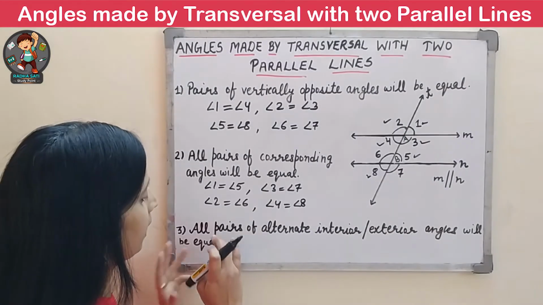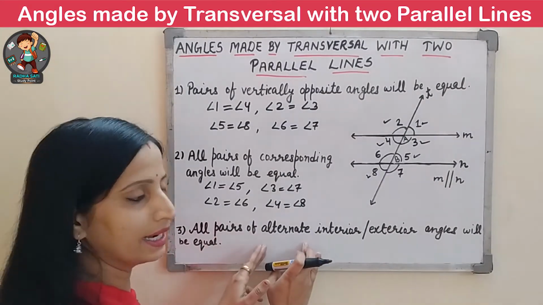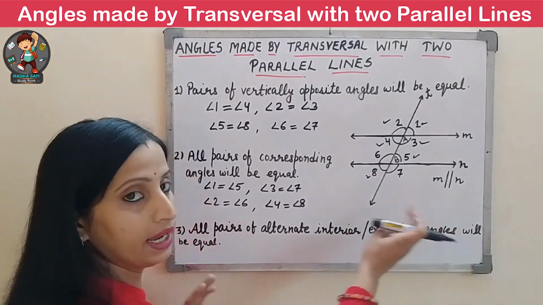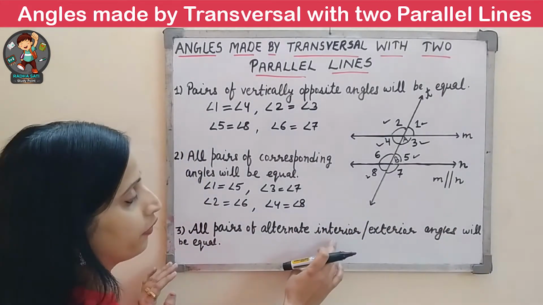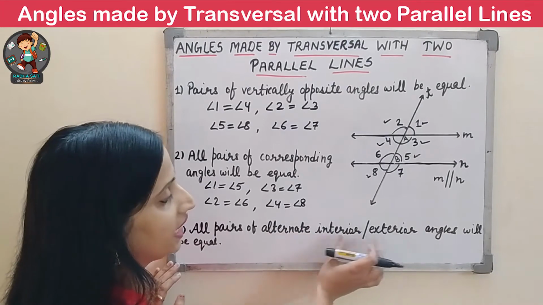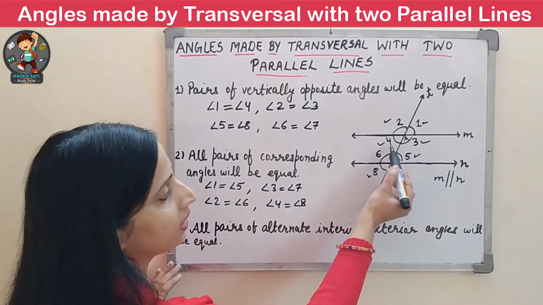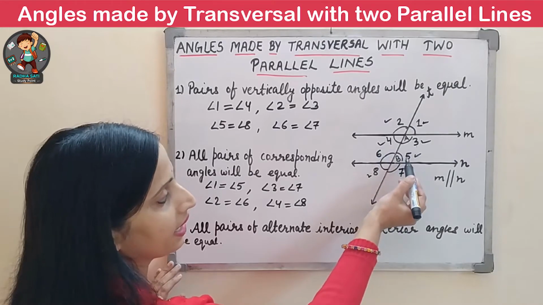Now the next property is all pairs of alternate interior and exterior angles will be equal. So first we will talk about alternate interior angles. These four are interior angles here: angle 3, angle 4, angle 6 and angle 5.